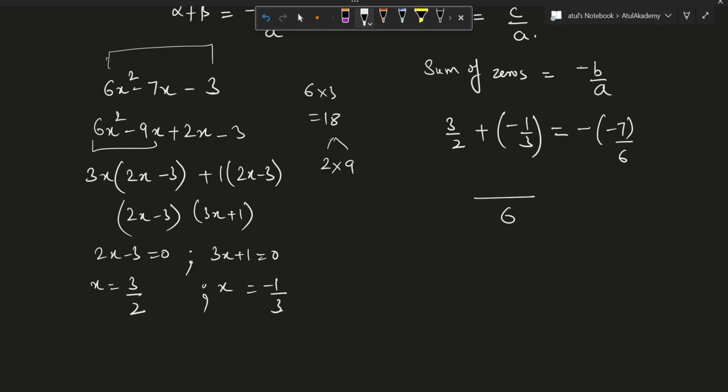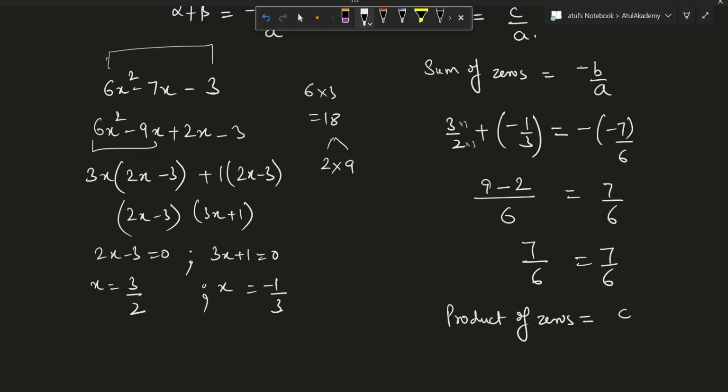LCM is 6 over here. You'll multiply it by 3 and 3, so that's 9, minus, you'll multiply it by 2 over here, so minus 2. This is 7 by 6. This is also 7 by 6. So this is verified. Now let's take the product of zeros. The product of zeros I know is c by a.